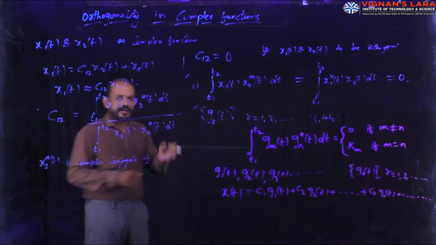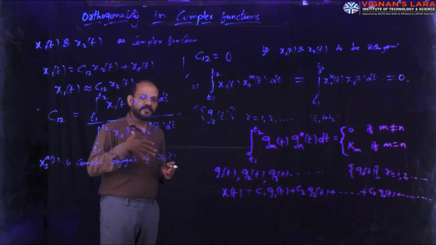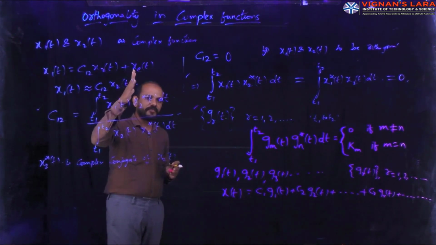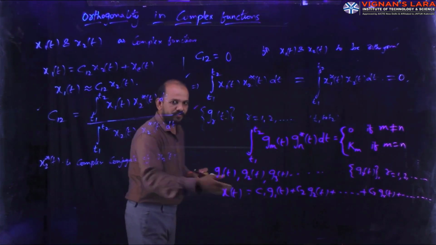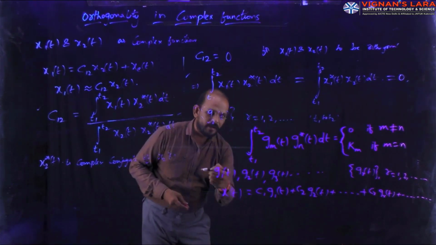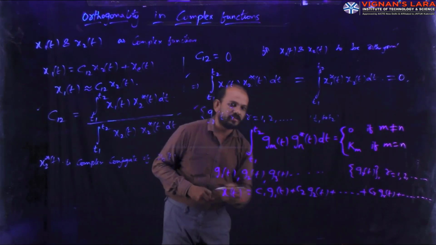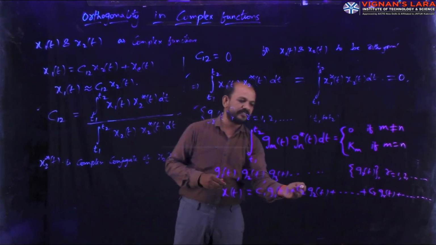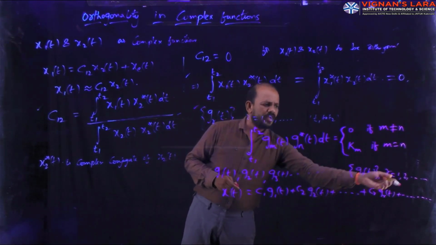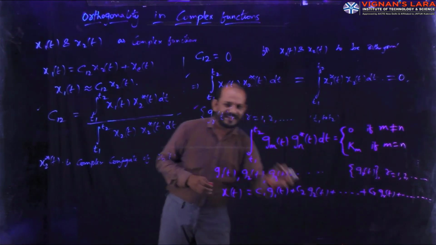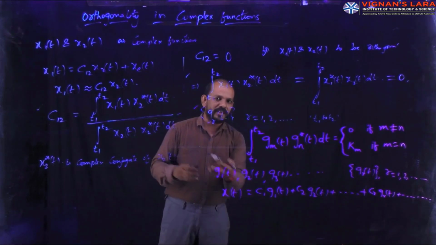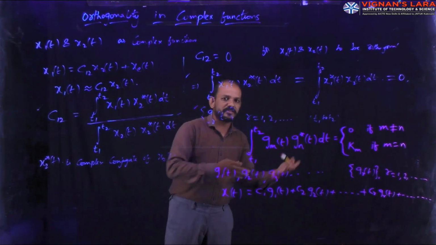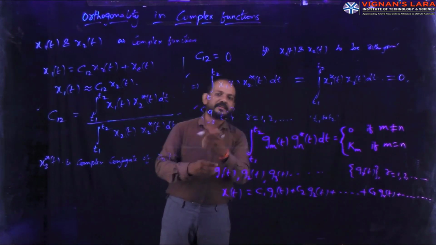So using a complete set I can represent any function. This is the exact representation of the function x of t in terms of the given set of orthogonal functions, whereas the given set is a complete set.